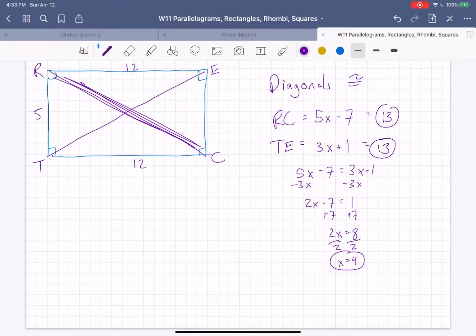If this side was 5, that means the other side must be 5. We know opposite angles are all 90. And then we also know that each half, and these are perfect halves, are all 6.5, and they all match each other. All right, so that's what we can do with rectangles.